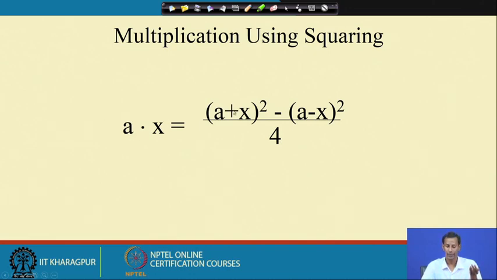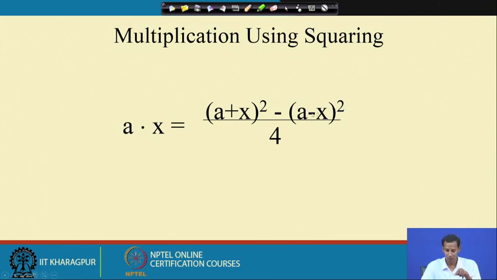Why? Because a plus x whole square means a square plus 2ax plus x square, minus a square minus 2ax plus x square.